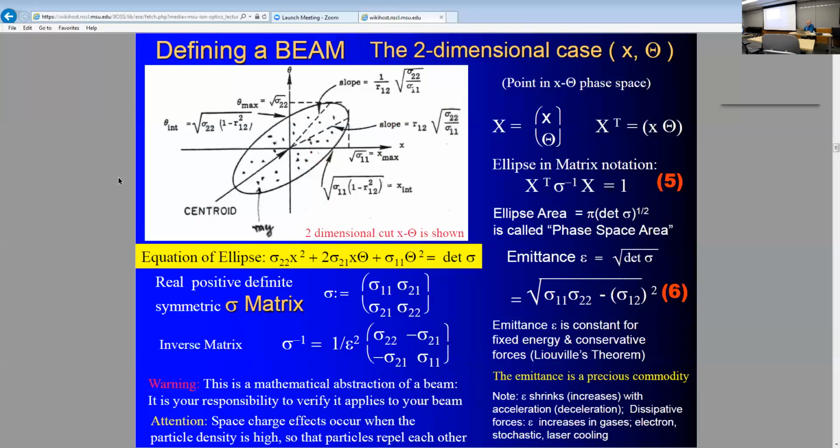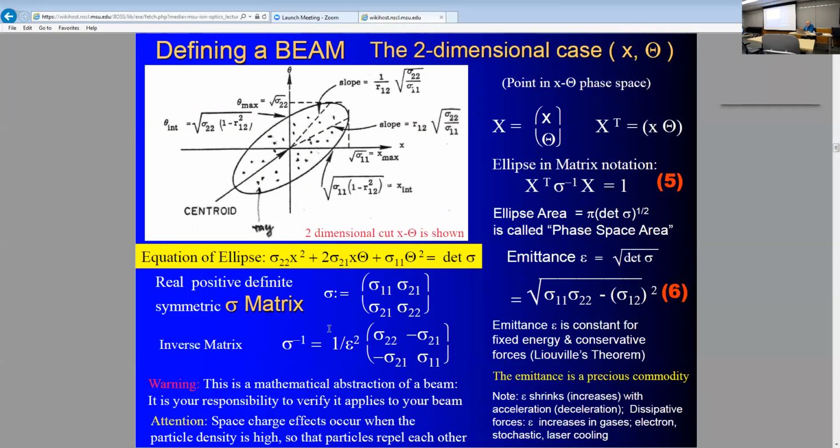Now, you know the ellipse equation. It is defined by, of course, x, theta, and then matrix elements sigma 2,2, sigma 2,1, sigma 1,1. And you can actually form a matrix, this matrix here, where the parameters are, and the second diagonal here is identical. So if you write it sigma 1,2 or sigma 2,1 it is the same.